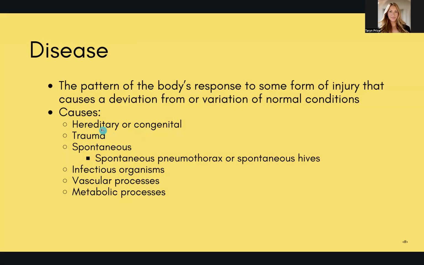It could be due to trauma, a condition or disease due to trauma. It could be spontaneous. Believe it or not, there's this thing called a spontaneous pneumothorax or spontaneous hives. It could be an infectious organism, such as what we saw with the COVID-19 pandemic. It could be a vascular process and a metabolic process.